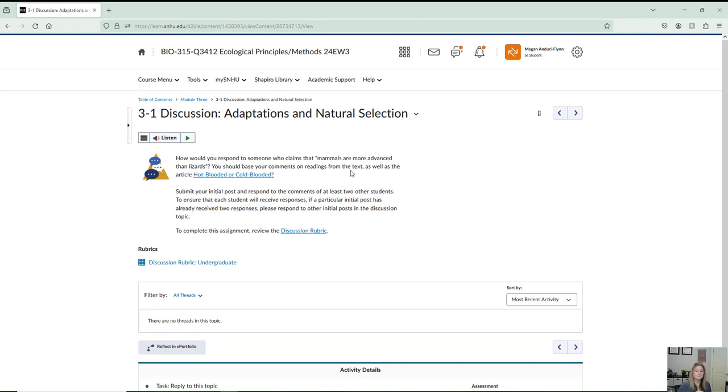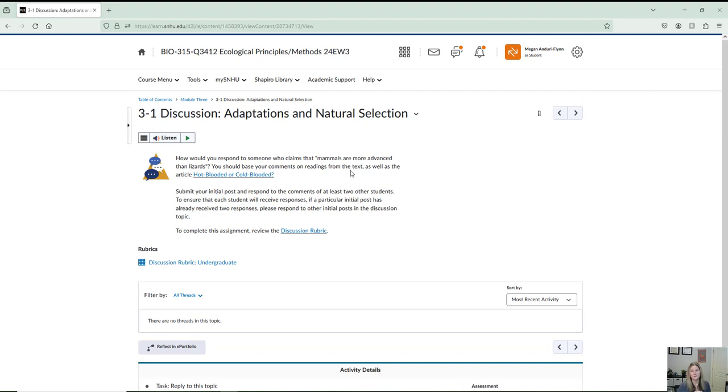So you would need to come up with your opinion. Do you think mammals are more advanced than lizards? And if you do, come up with some evidence to support it. So think about adaptations that mammals have versus adaptations that lizards have, and so forth.